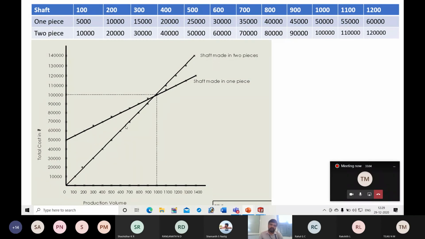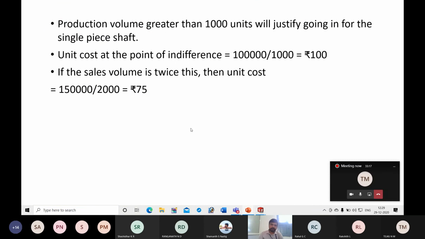That's why if the production volume is less than 1000, the shaft made in two pieces is preferred. If it is greater than 1000, the shaft made in one piece is preferred. So a production volume greater than 1000 units will justify going in for the single piece shaft.